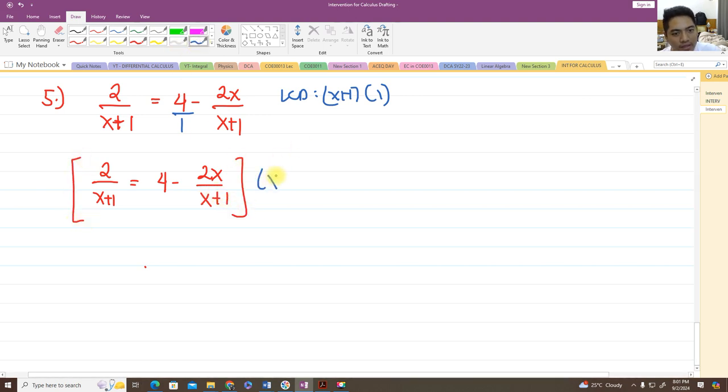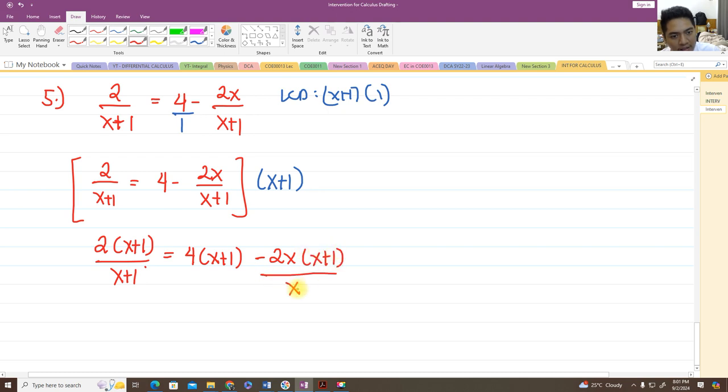So you have 2 times x plus 1 all over x plus 1 equals, you have 4 times x plus 1 minus 2x times x plus 1 all over x plus 1. So as you can see, the denominators will cancel.